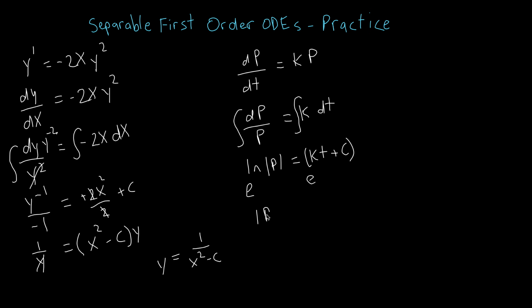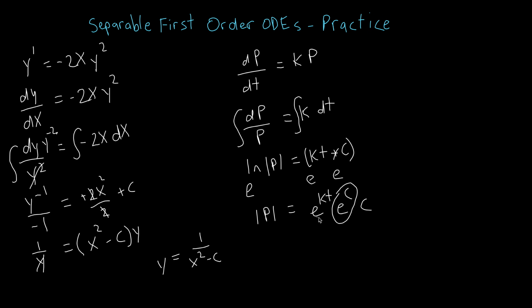So take e to that so we can get rid of that natural log. And we're left with p. And then remember our exponent rules, so this is actually times e to the c right there. And so we get e to the kt times e to the c. Because this is another number, we can call this whole thing another constant. So we can just call that c.